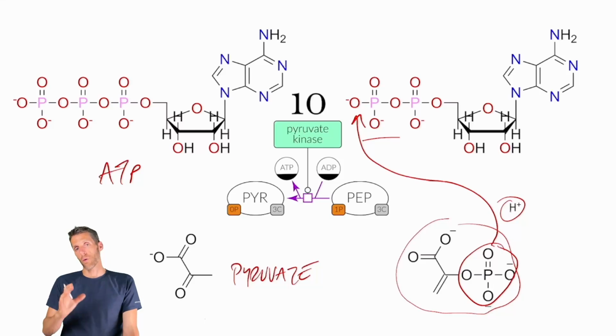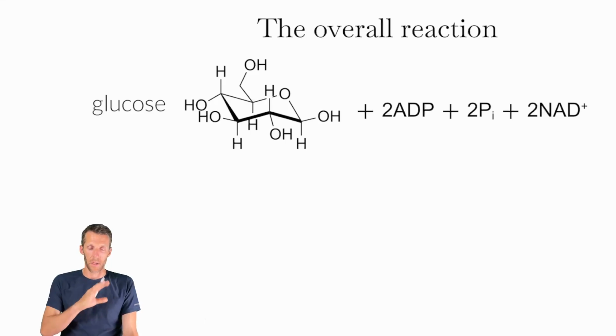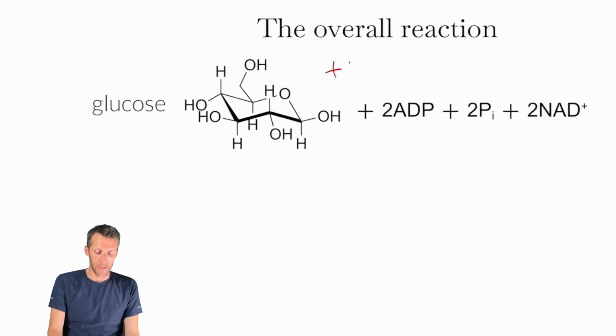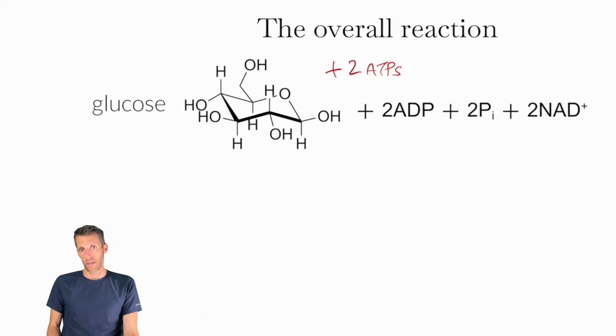So we've managed to make 2 ATP molecules over the course of this second arm of the reaction, or the last part of it. So here's the overall reaction again. We have glucose coming in with 2 ADPs, 2 inorganic phosphates, and 2 NAD pluses. We could actually expand this out if we wanted to make this plus 2 ATPs going in.